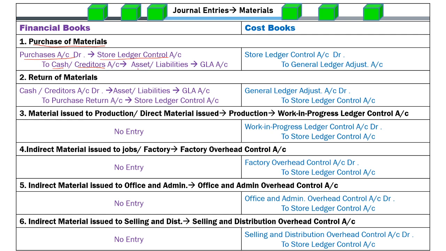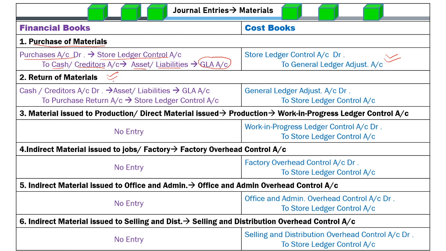In place of cash or creditors, which are assets and liabilities, and are not considered in the cost books, we use general ledger adjustment account. So in case of purchase of material, our entry in cost books is store ledger control account debit to general ledger adjustment account.